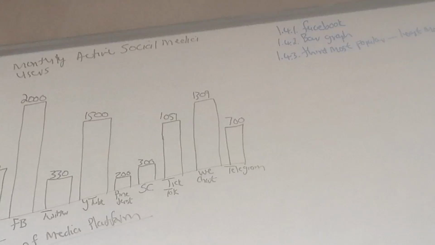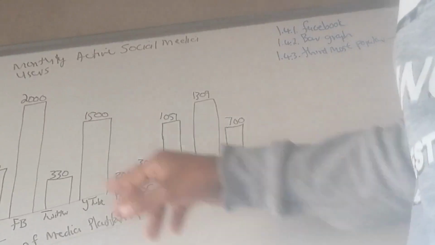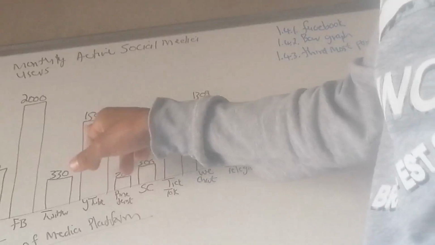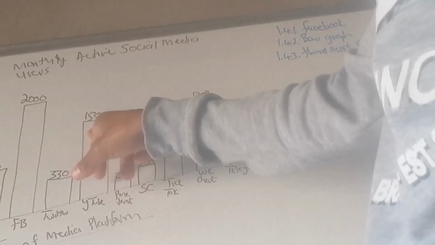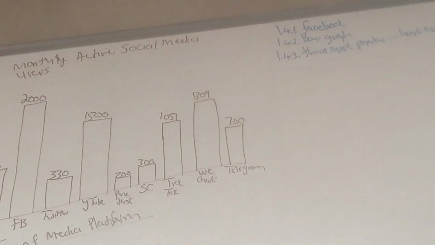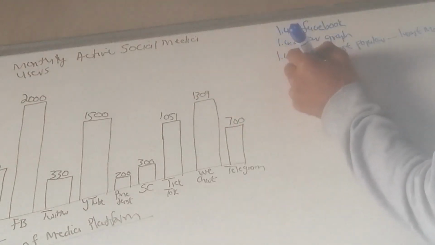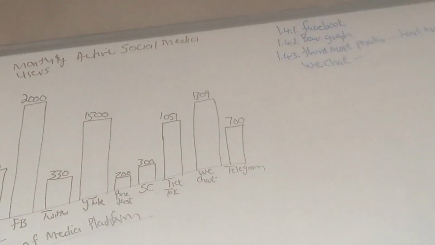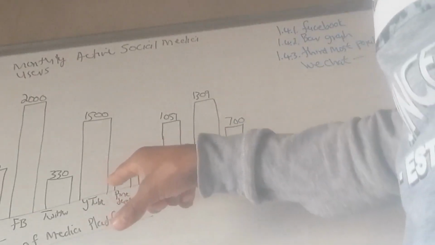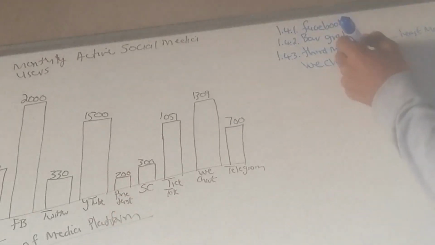So I can see that the third most popular: this is the first, this should be the second, and the third would be 1309, which is WeChat. So we can say WeChat, and then we minus the least, the minimum value possible. That is Pinterest.